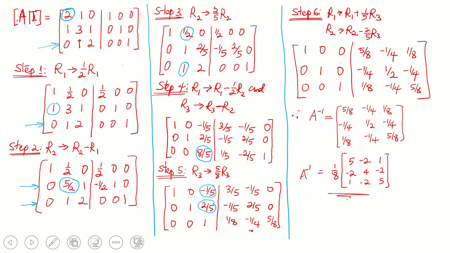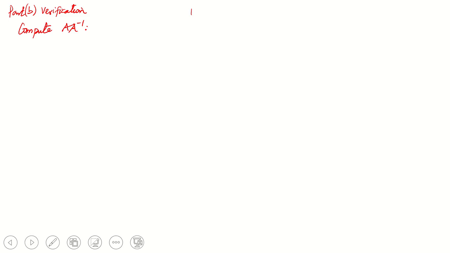Verification. So to compute A times A inverse, what is the matrix A again? Matrix A is 2, 1, 0, 1, 3, 1, 0, 1, 2.